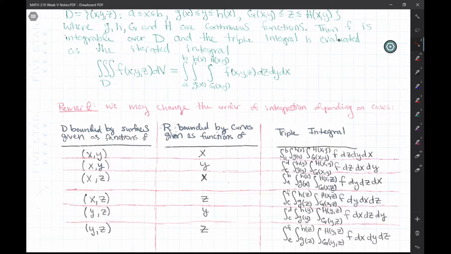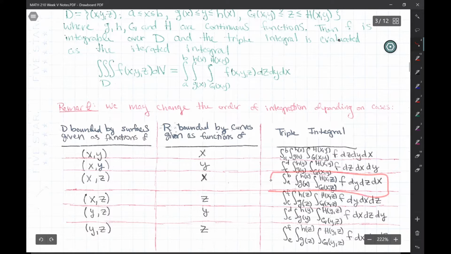They might fail the vertical line test if you use a line that is perpendicular to the xy plane. What if they would pass the vertical line test if you used lines that were perpendicular to the xz plane? And say the double integral that you would do after you carry out the first integration is bound by curves that are functions of x.